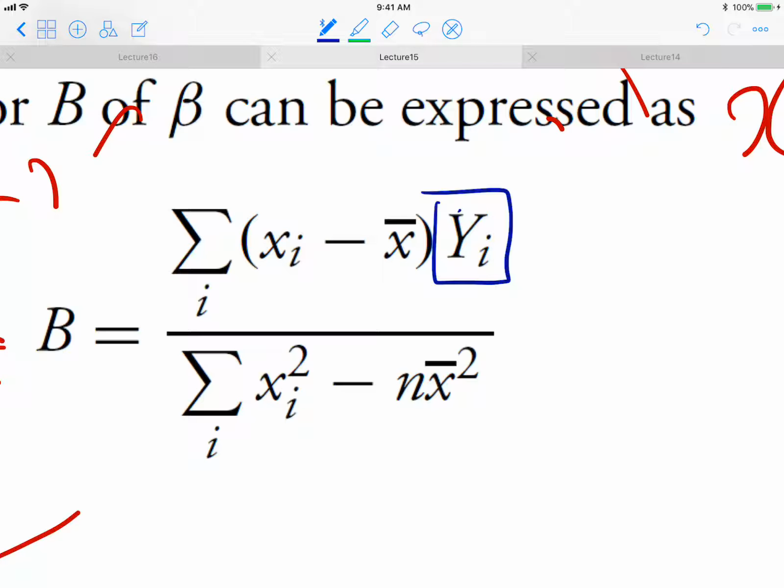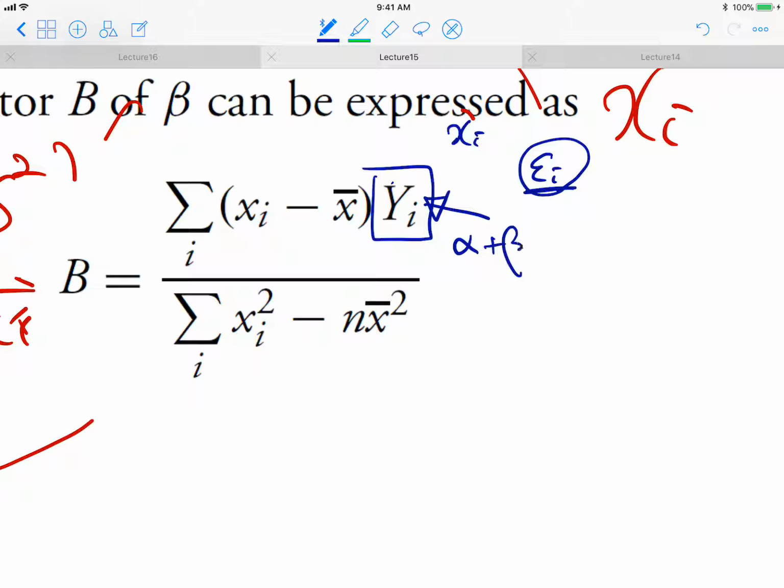If you remember, the xi's are all given and fixed values, and we do not consider them as random variables. The only random variable is the epsilon i's, right? Alpha and beta are also just parameters that are fixed values, although they are not known, right? And this yi, because it contains this epsilon i, is a random variable.